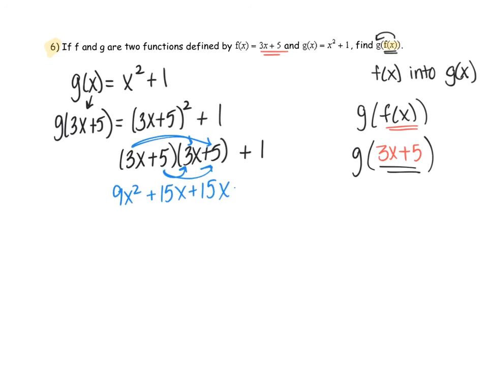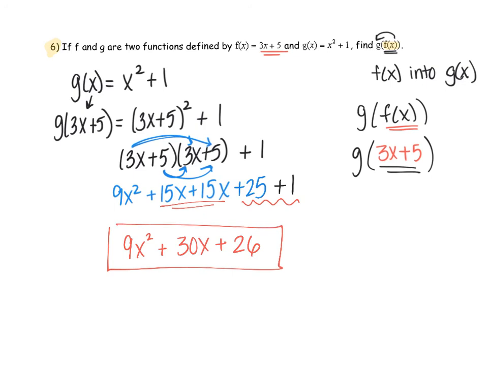And 5 times 5 is 25. And then don't forget that plus 1. So these are my like terms, and these are my like terms. So my final answer is 9x squared plus 30x plus 26.